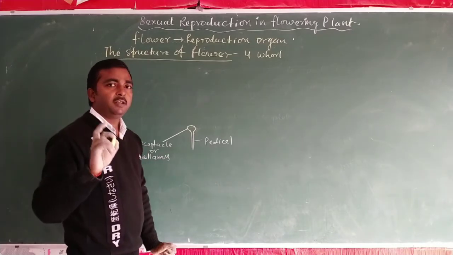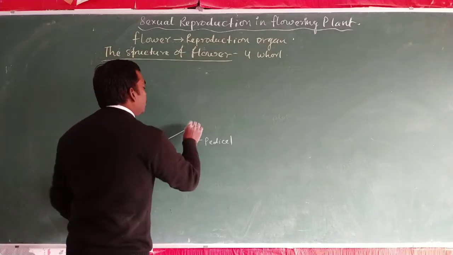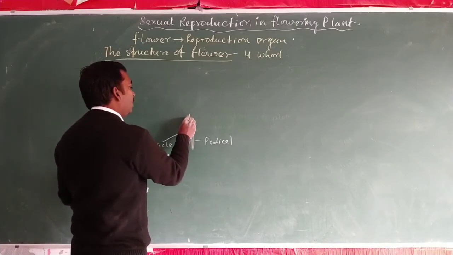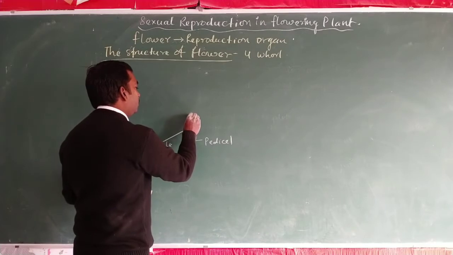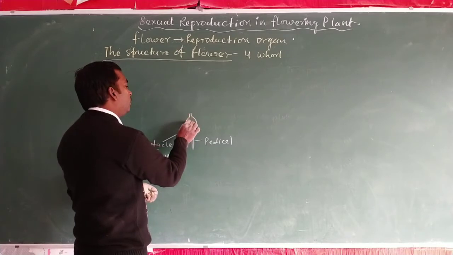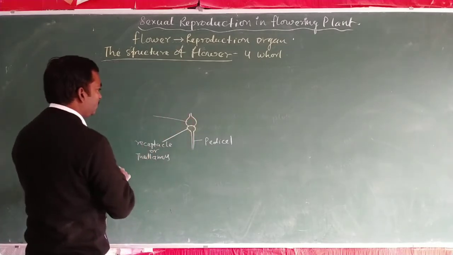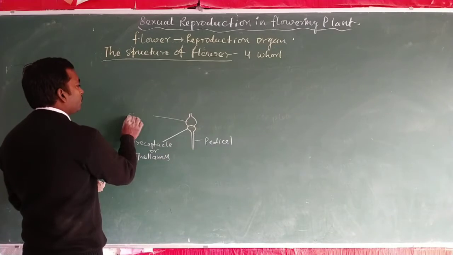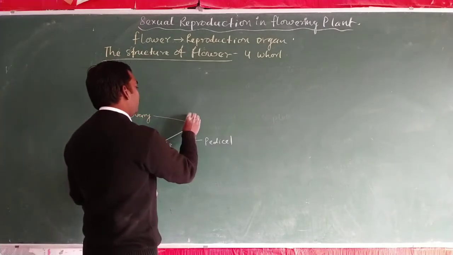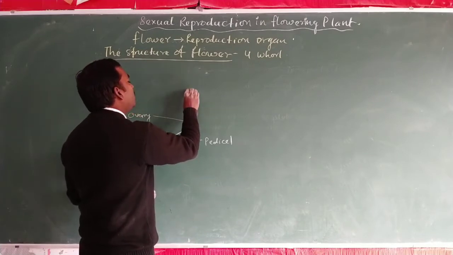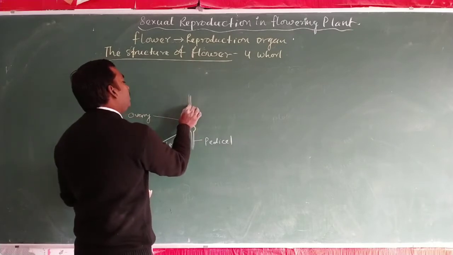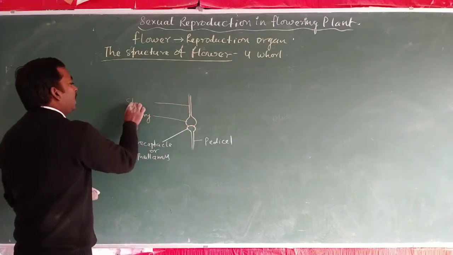So we start with the innermost whorl of the flower. The innermost whorl consists of a swollen portion at the base, which is known as ovary, and then this swollen part becomes elongated from the terminal end, and this elongated tubular structure is called style.